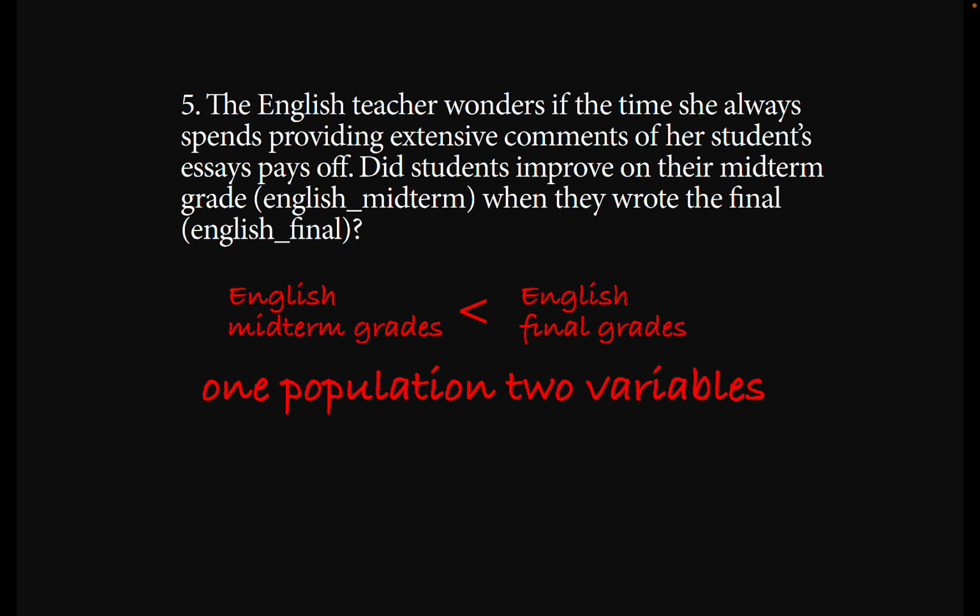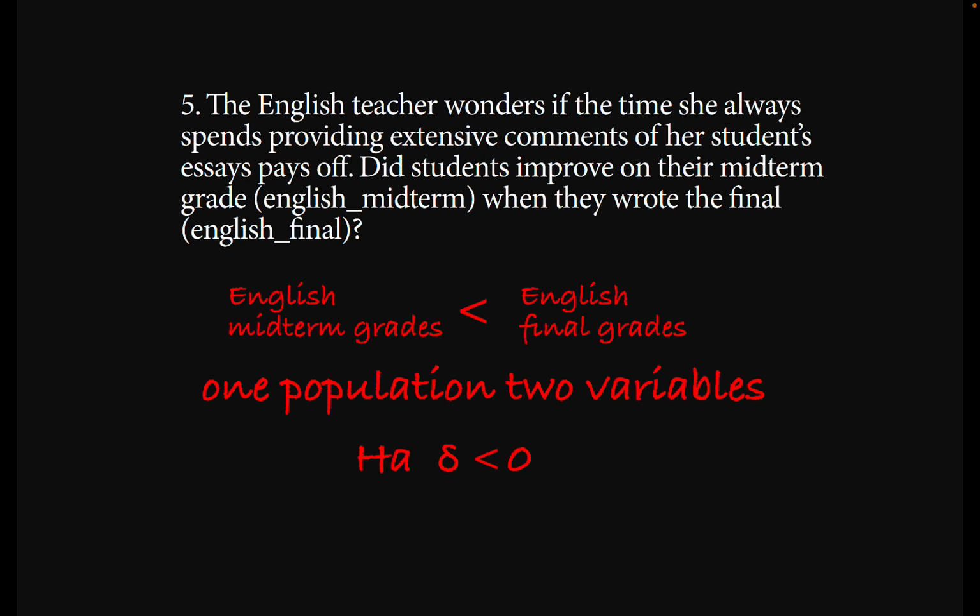It means that what I'm interested in the population is delta. And because here I'm saying that the English final is larger than the English midterms, that is, the average is going to be larger, what I'm saying is that delta will be negative, and that's because the English midterm grades should be in my first column, because this is what is mentioned first.